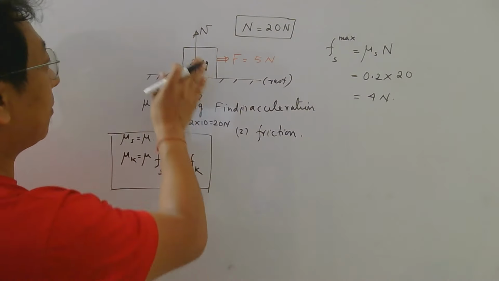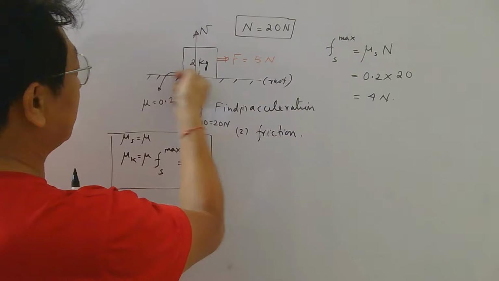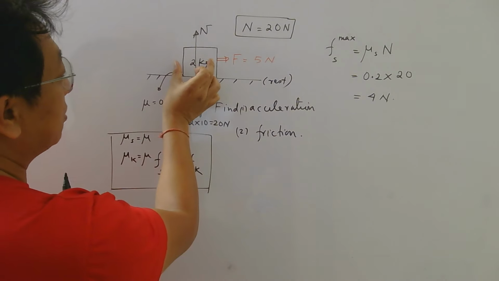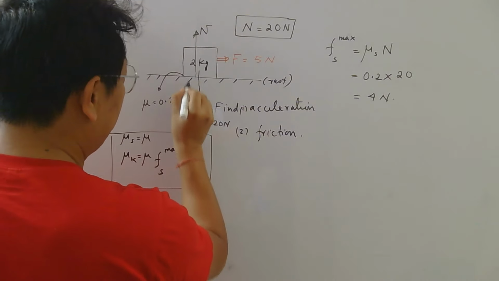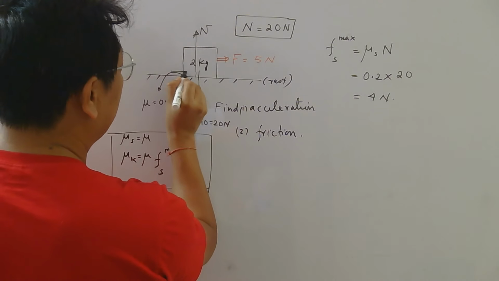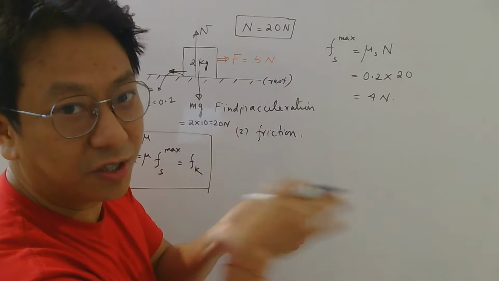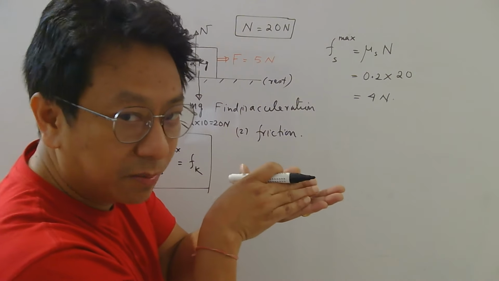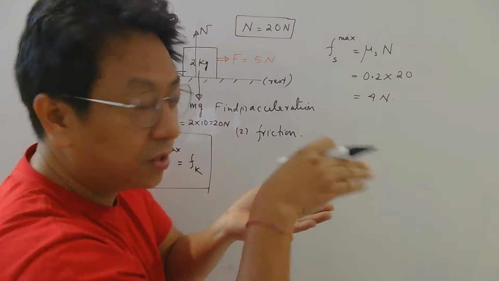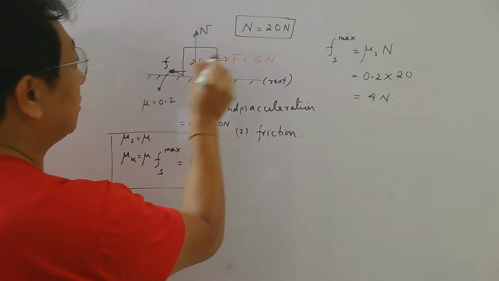Now, when you apply this force, we know there will be friction this side, because this body wants to go on the surface this way. So friction between the surface and the block will try to oppose that relative motion, right? So block is trying to go here with respect to the surface. Friction on the block will be opposite to that.